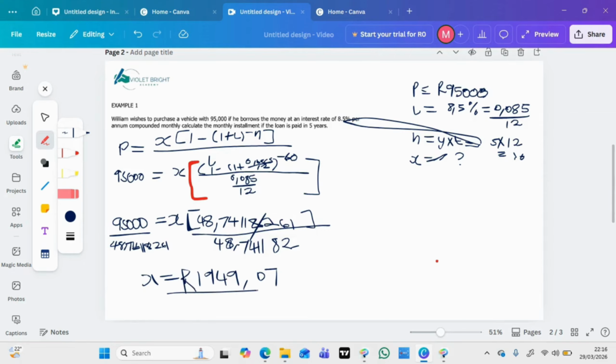Easy as that. So this will be the value of x.